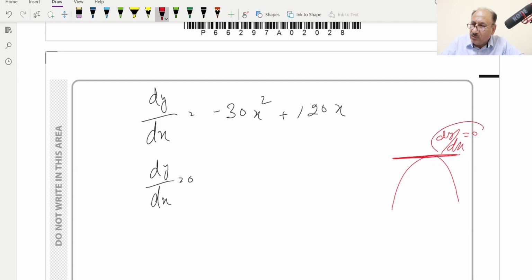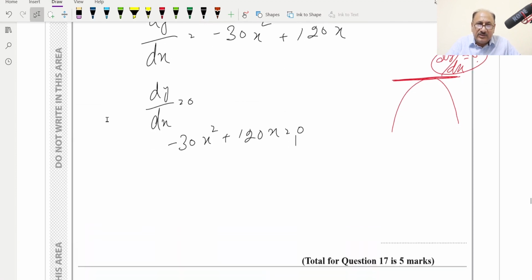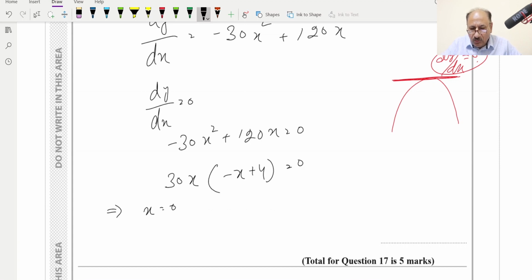If we put it equal to 0, we will get minus 30x squared plus 120x is equal to 0, which implies we can take 30x common. So inside will be minus x plus 4 is equal to 0. This implies x is equal to 0, or minus x plus 4 is equal to 0, which implies x is equal to 4.